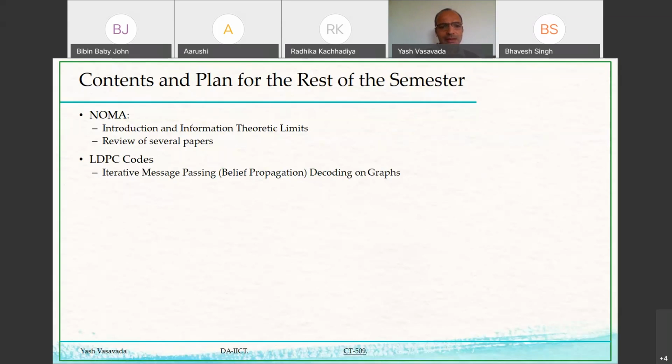And in general, the LDPC codes are probably one of the simpler types of codes to understand, in my opinion, where both encoding and decoding structures can be conceptualized in terms of graphs.